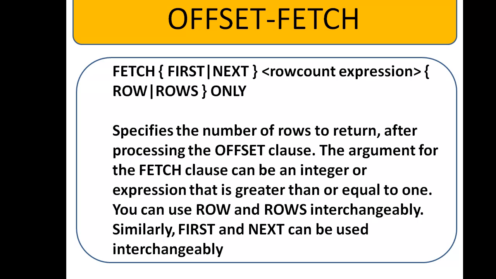So it will skip the first 10 rows and fetch 20 rows. FETCH specifies the number of rows to return after processing the OFFSET clause. The argument for the FETCH clause can be an integer or expression that's greater than or equal to 1. You can use ROW and ROWS interchangeably. Similarly, FIRST and NEXT can be used interchangeably.